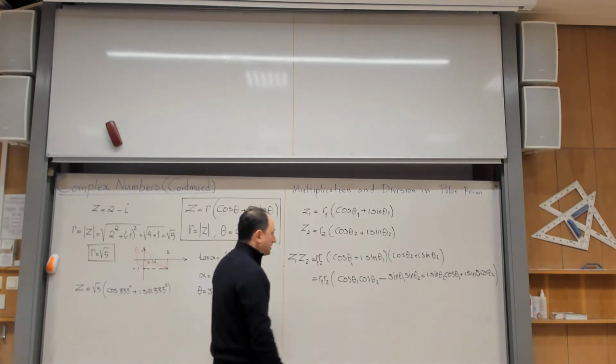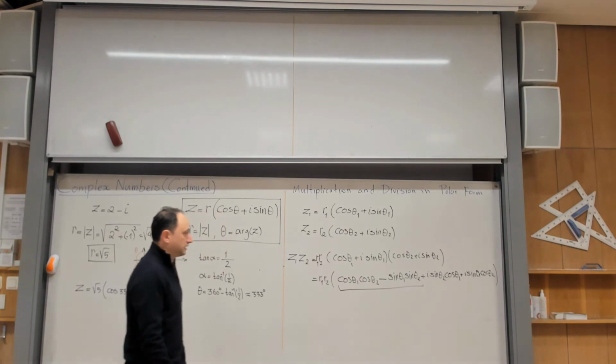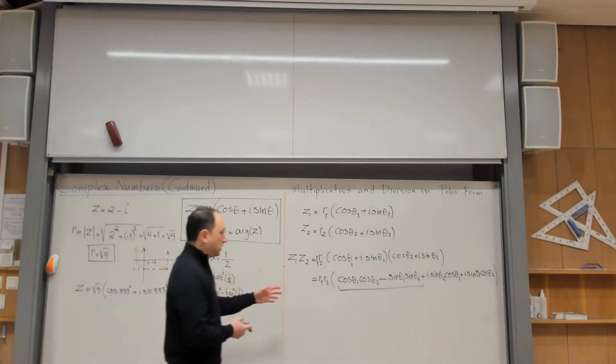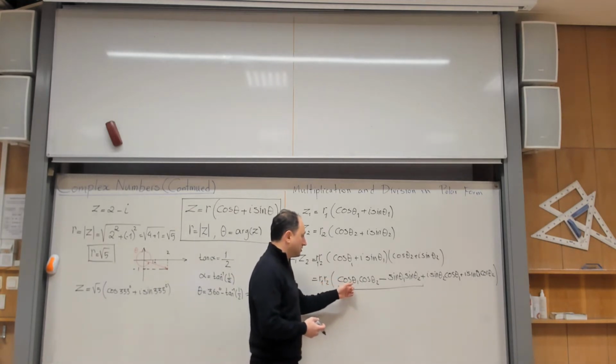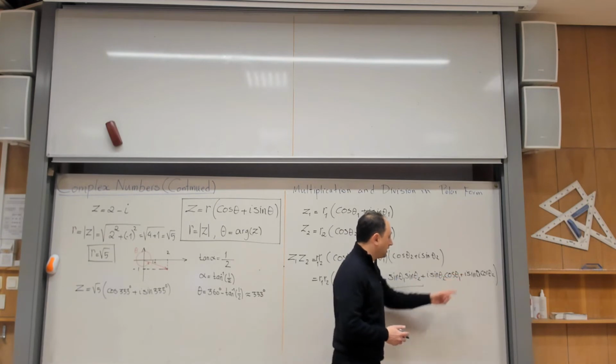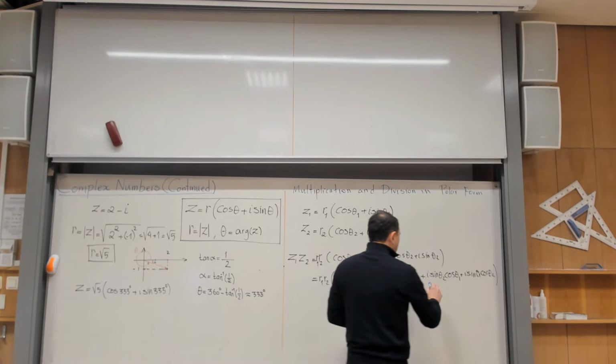Okay, but I hope that at least this combination looks familiar to your eyes. We had this before in chapter 2. That is the cosine of the addition. This is the addition formula for cosine. And if you factor an i out here, that would be the addition formula for sine.